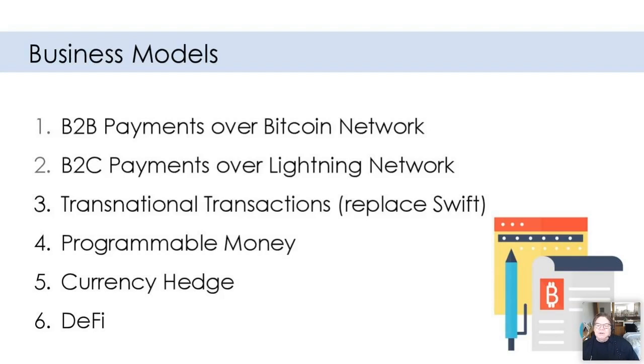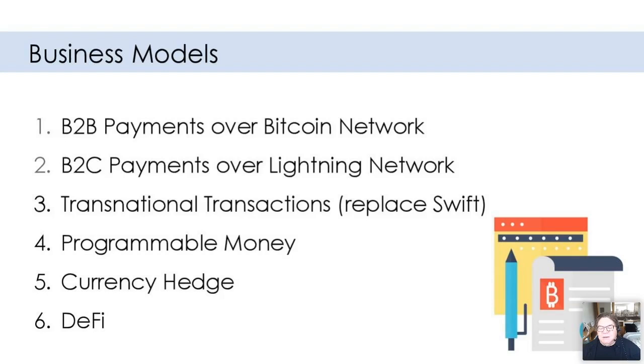Replacing SWIFT: if you've ever done international transactions using SWIFT, it is fraught with delays and challenges. And if you ever want to read some funny stuff, read about how SWIFT was built. It's quite the hodgepodge, a Rubik's Cube or collection of interesting technologies cobbled together.